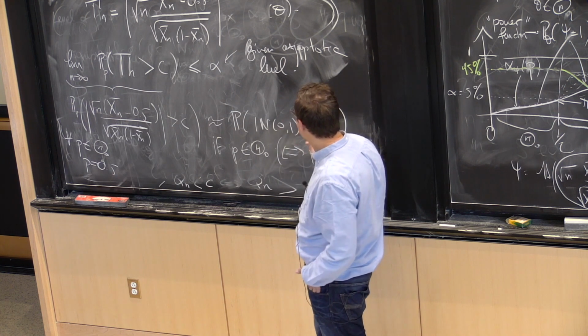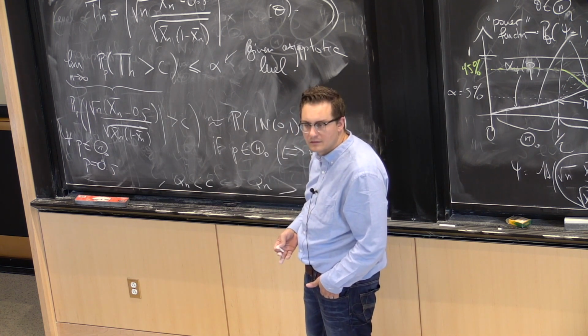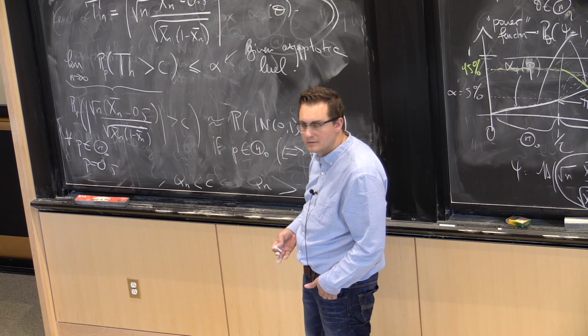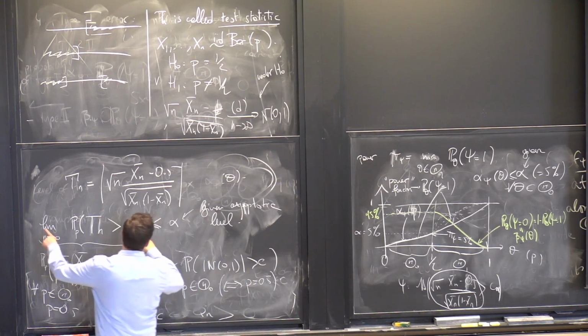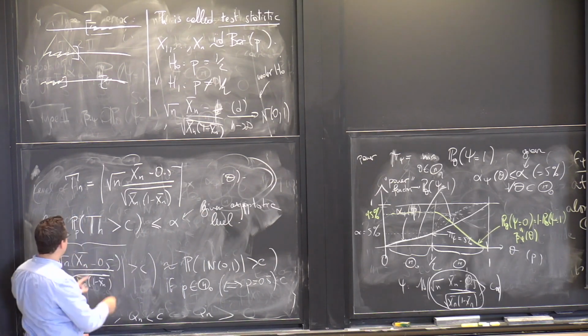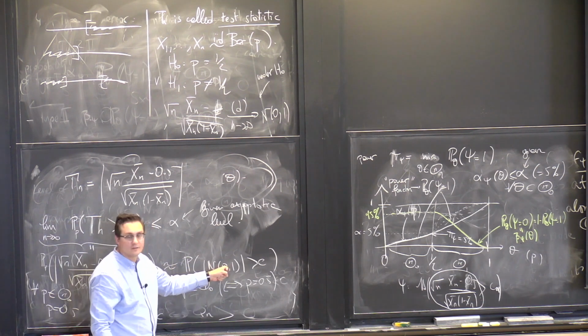And so what I need to do is to find c such that this is equal to what? Let's just follow. I want this to be less than alpha, but we said that this was equal to this, which is equal to this.